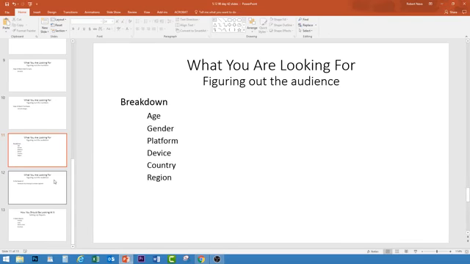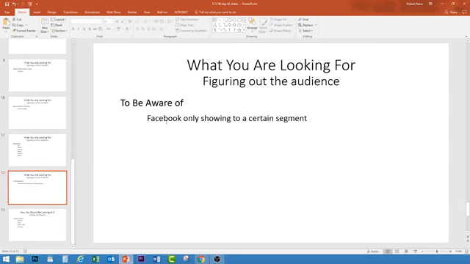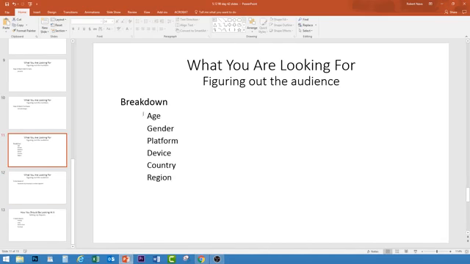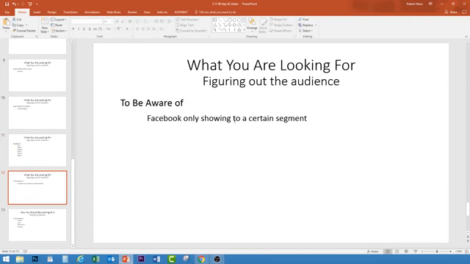So let's go. Okay, next slide. One thing to be aware of before we start looking at some of this stuff: that's why we look at the breakdown, because Facebook could be showing ads to only a certain segment within our overall audience.